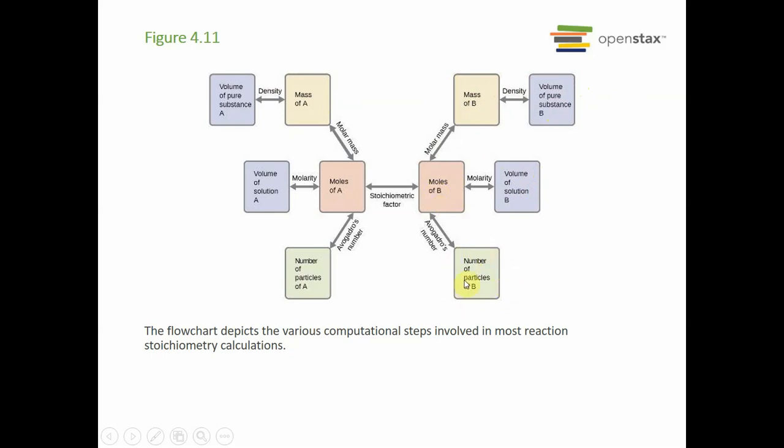You could be talking about the number of molecules you have and using Avogadro's number to get to the moles of the substance. To jump to this one, you use the stoichiometric factors, and then you can be talking about the volume of it, the mass of it, the volume of a solution of a given concentration, or the number of particles.